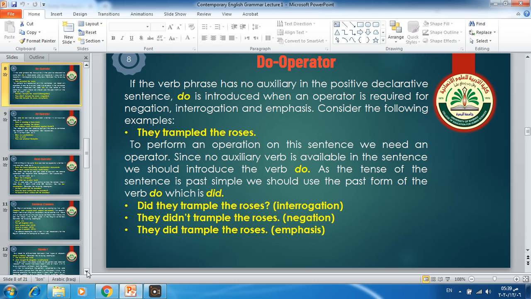So we say, did they trample the roses? They didn't trample the roses. They did trample the roses. So as you see, we use the verb did to perform the operations of interrogation, negation, and emphasis.